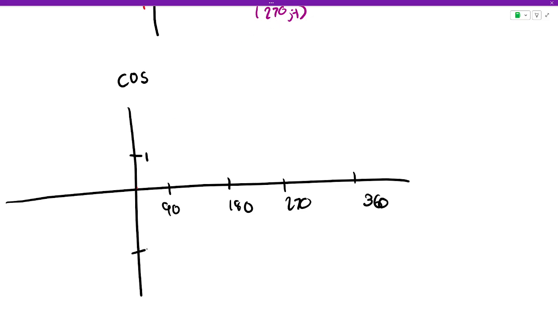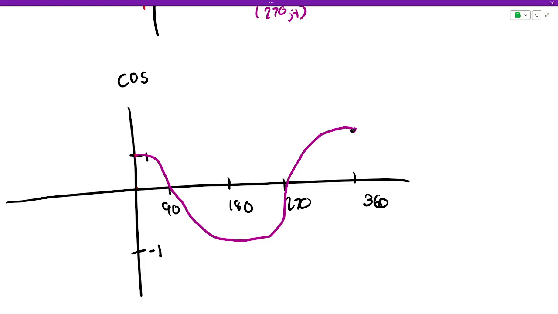This is 1, this is minus 1. Your graph for cos, if it's not vertically shifted, starts at 1, and then it goes down, hits the lowest point at 180, and goes up at 270, reaching the top at 360.